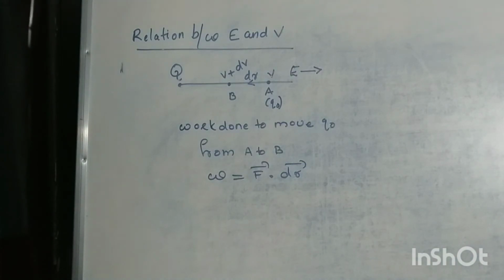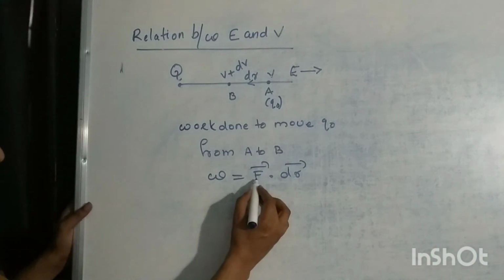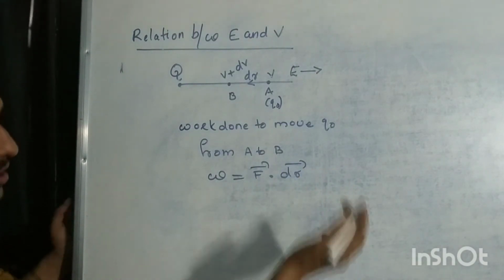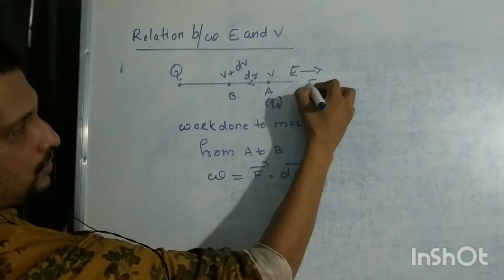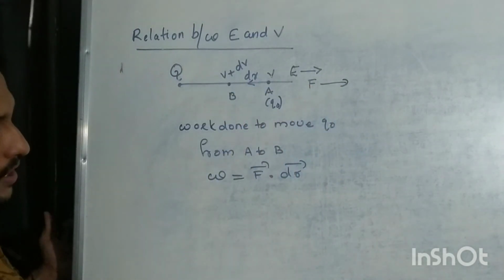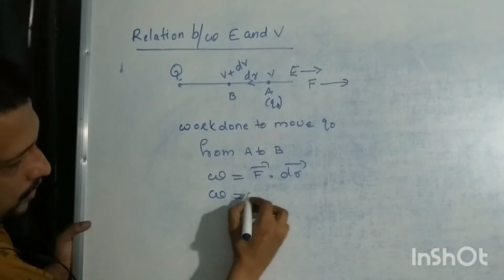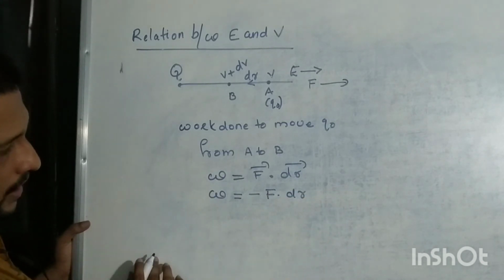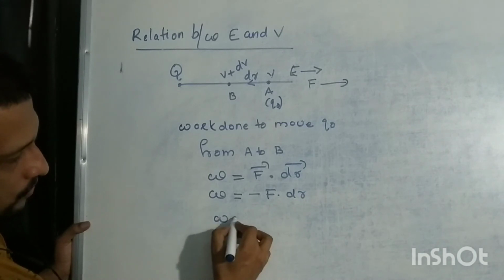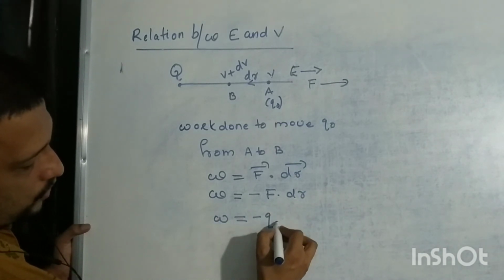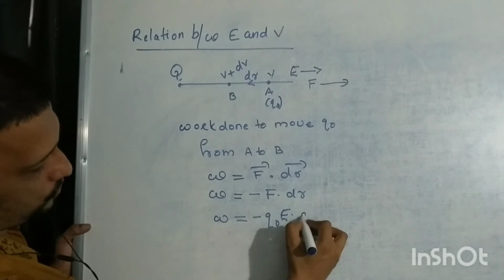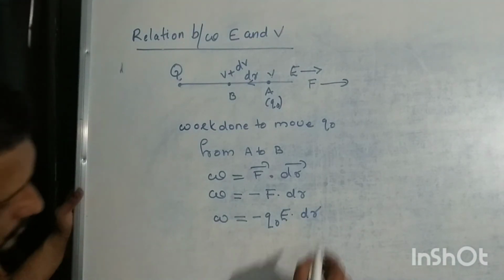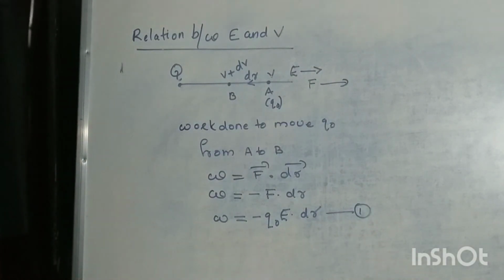When you expand the dot product, you get F dr cos theta. The angle between F and dr is different because F is in this direction and dr is in the opposite direction. Therefore, W is equal to minus F into dr. What is F? The force acting on this Q0 is given by Q0 into electric field E. So W is equal to minus Q0 E dr. This is the work done, equation number 1.